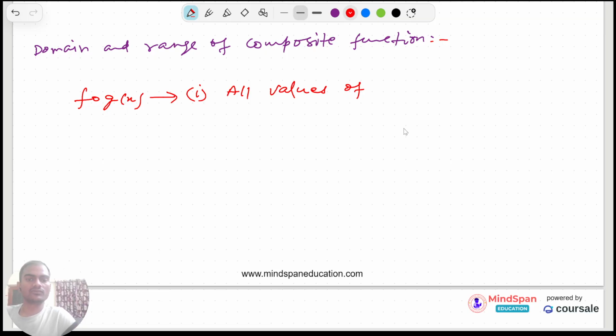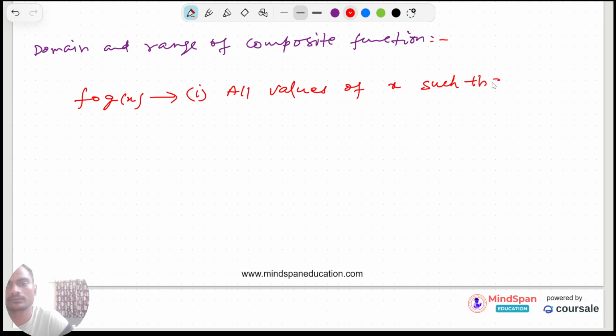Whatever input is allowed for f, only that input can be put in f of g, right? Otherwise, whatever input is allowed in g, because first we are putting x into g.